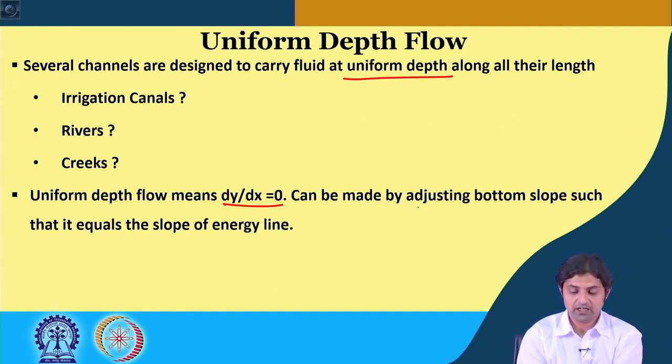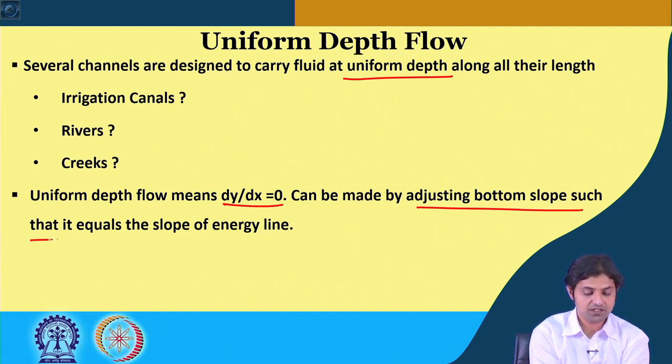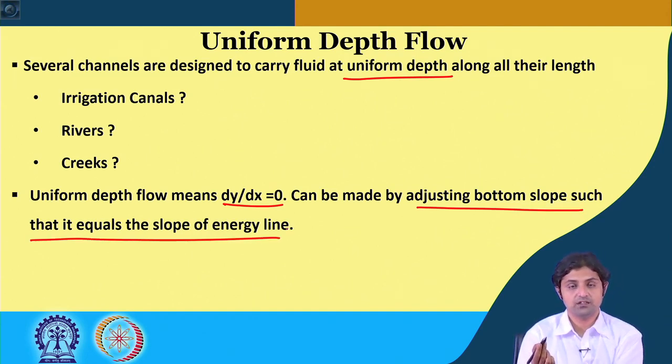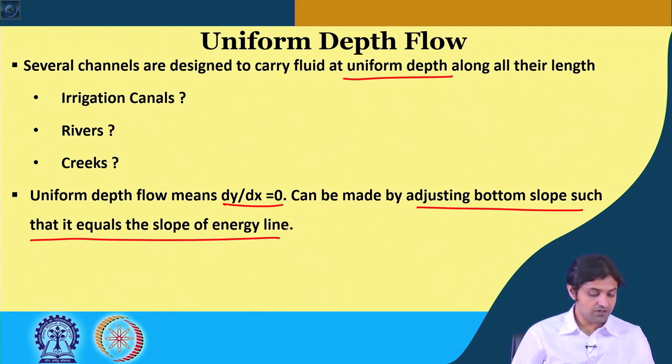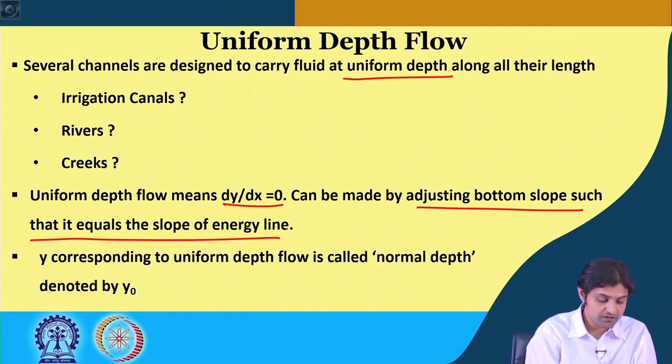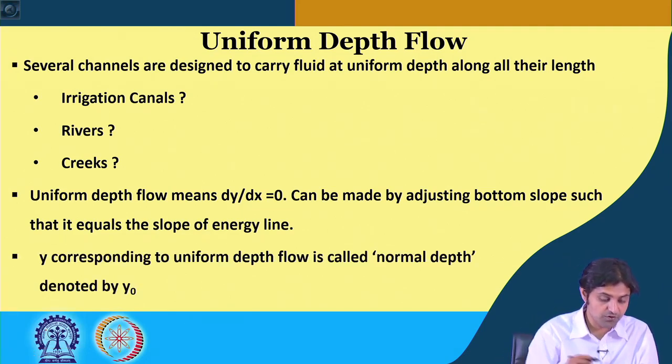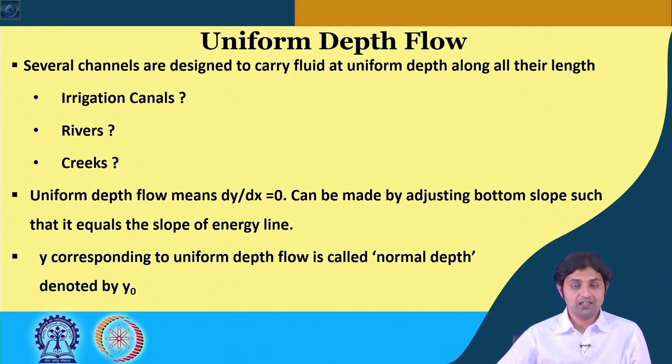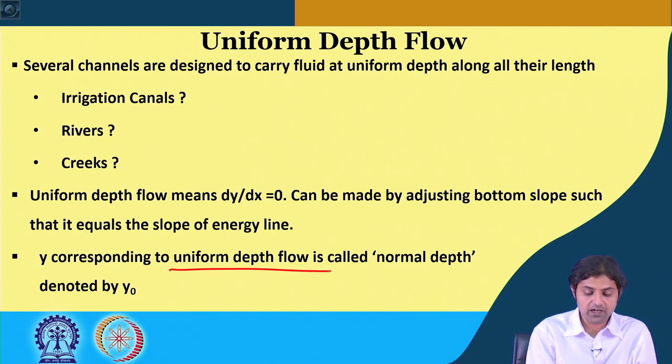It can be made by adjusting the bottom slope such that it equals the slope of the energy line. Roughness can be known, and we can calculate SF. So, if SF is equal to S naught, then we are going to have uniform flow conditions, and this y, which corresponds to the uniform depth flow, is called normal depth, and it is denoted by y naught.